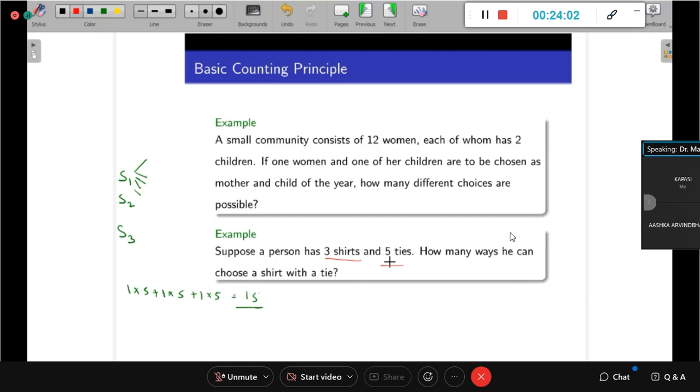You have 3 shirts and 5 ties, so each shirt has 5 choices. So 1 into 5 plus 1 into 5 plus 1 into 5, that's 3 into 5, that's 15. I think these questions are very simple to understand.